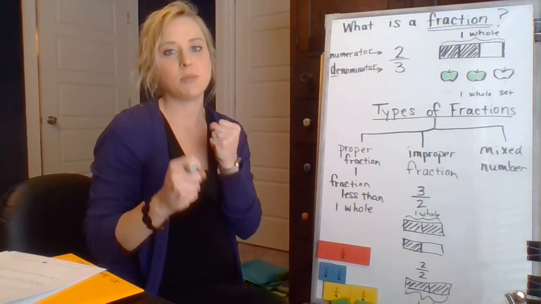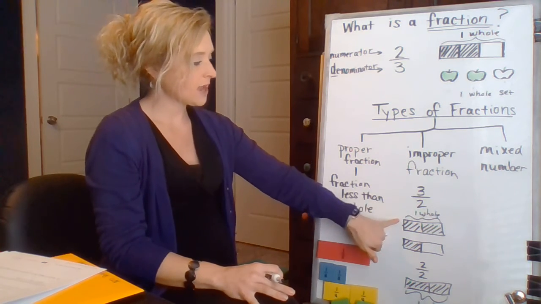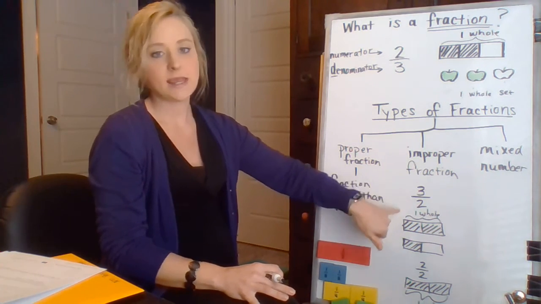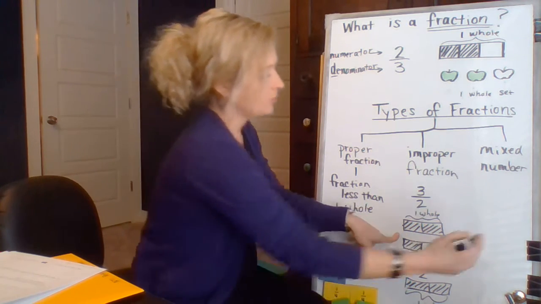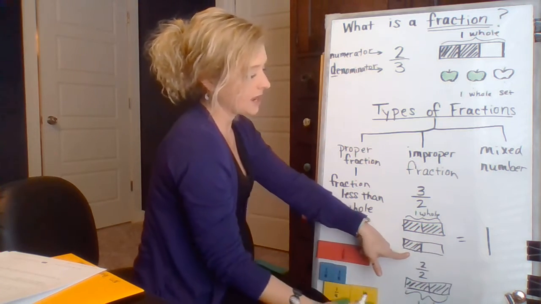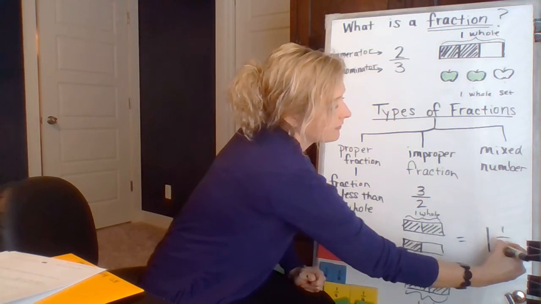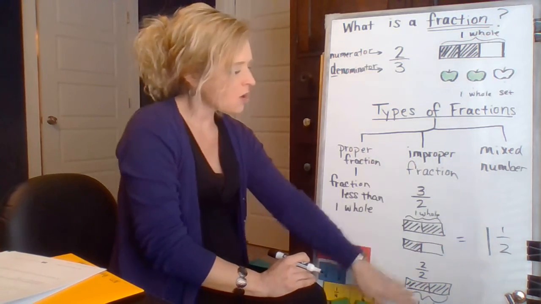And I always like to say a mixed number is like a mix of a whole number and a fraction, because what's another way that we could actually write 3 halves? If we write how many wholes there are, then that would be 1 whole, and how many halves? 1 half. Right?